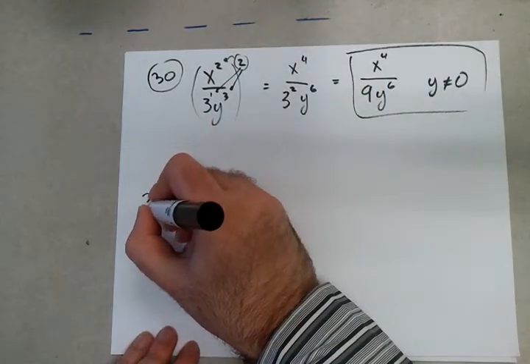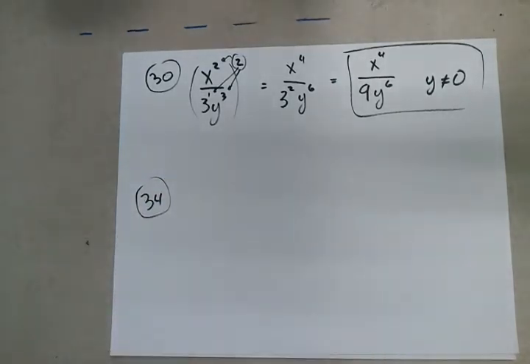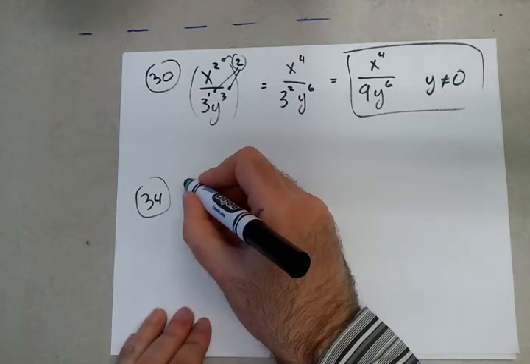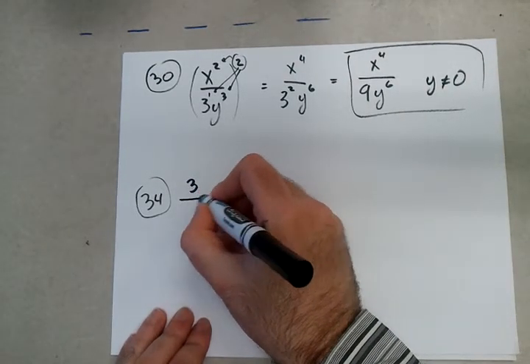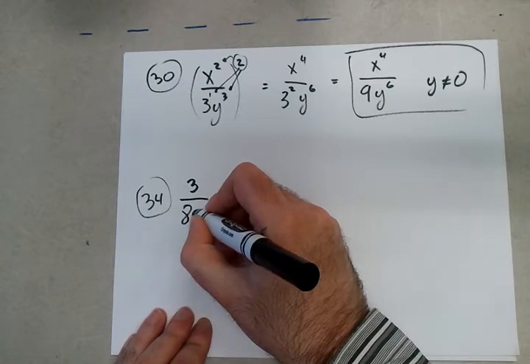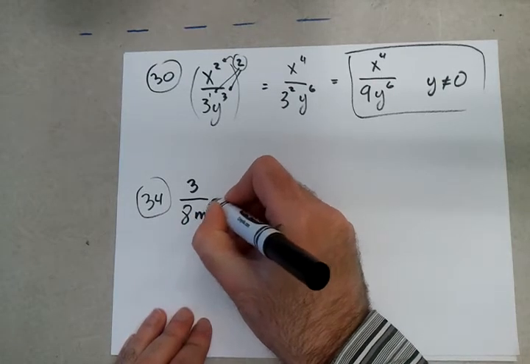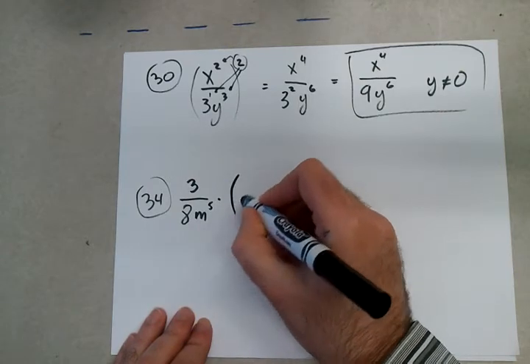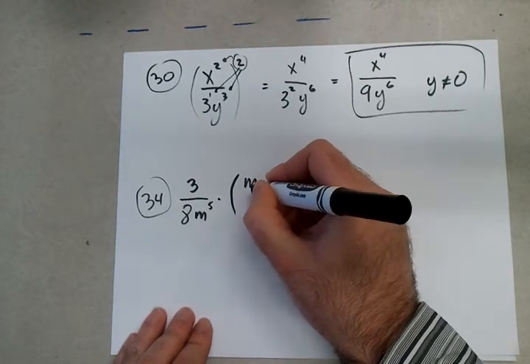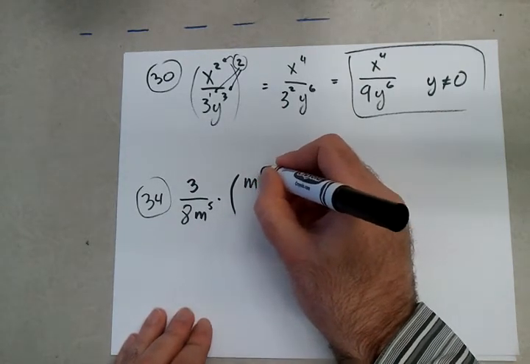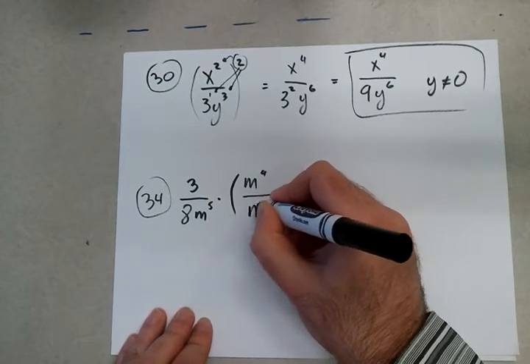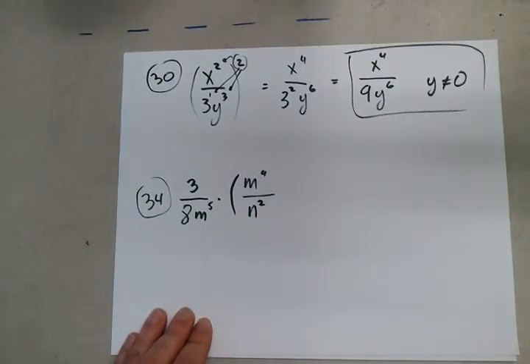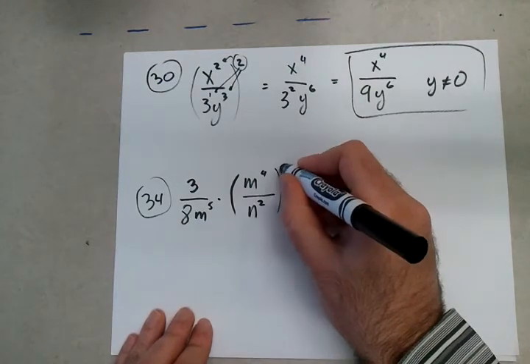For number 34, you have 3 over 8m to the fifth times m to the fourth power over n to the second power, whole cubed.